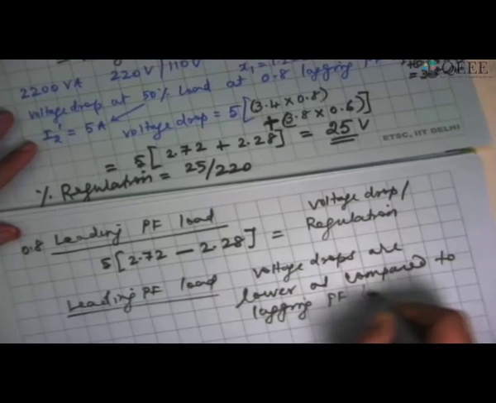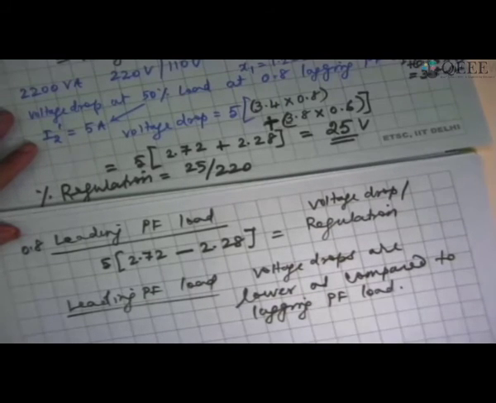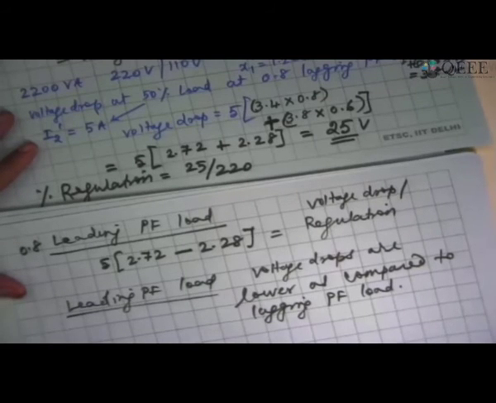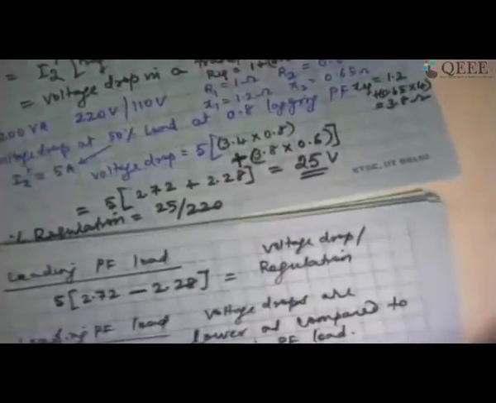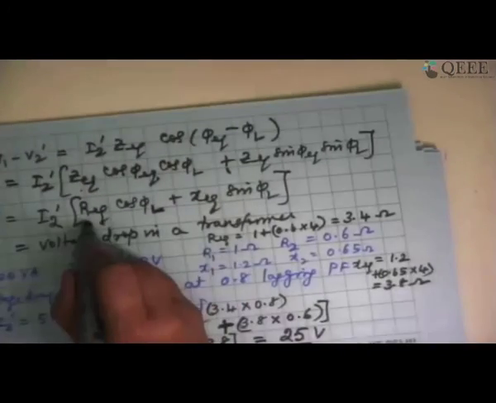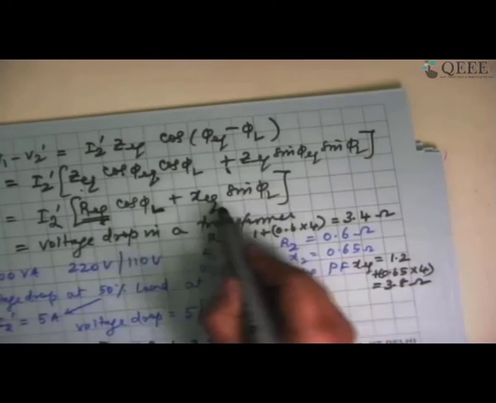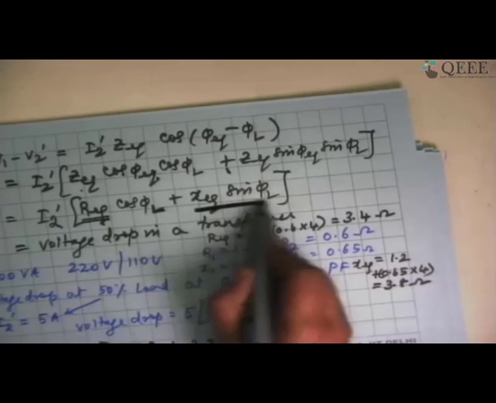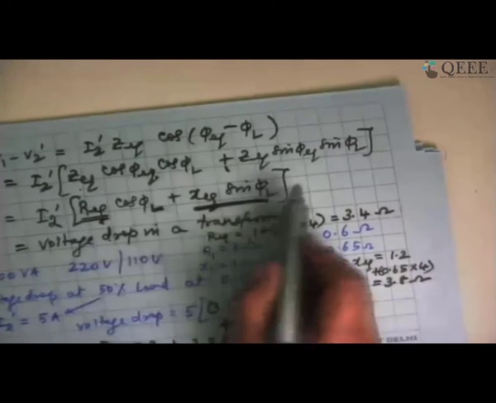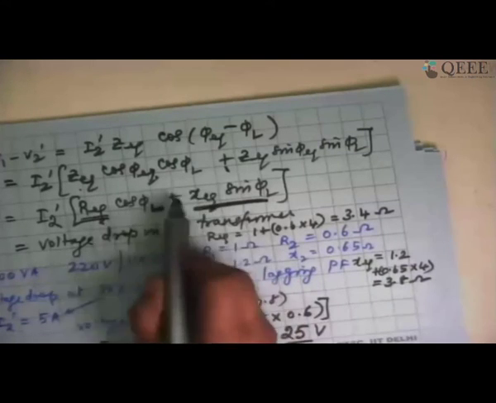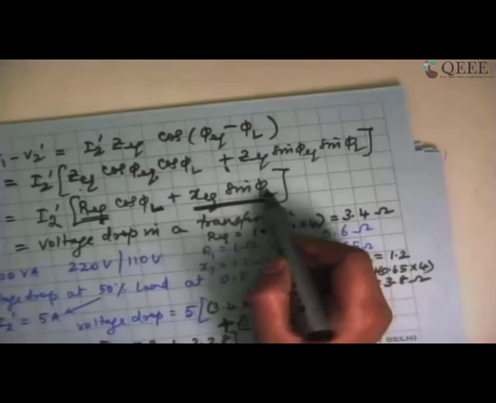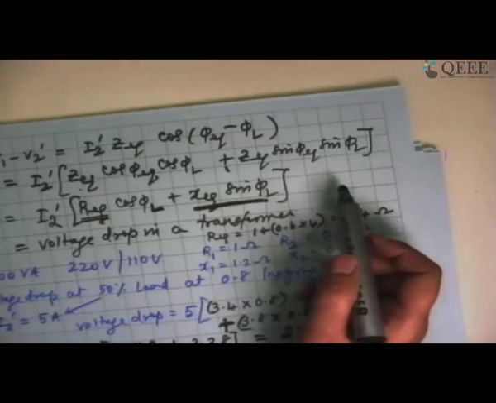Lagging power factor loads will always have a higher voltage drop, whereas leading power factor loads will have a lesser voltage drop, because if you look at the expression again, the resistance component will always have a positive voltage drop. The reactance component can have a positive or negative voltage drop depending upon whether it is leading or lagging power factor. So these two can cancel out with each other if sin phi L is negative, which is the case with leading power factor.